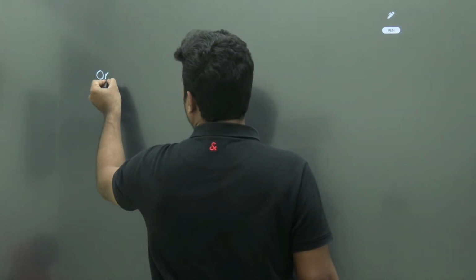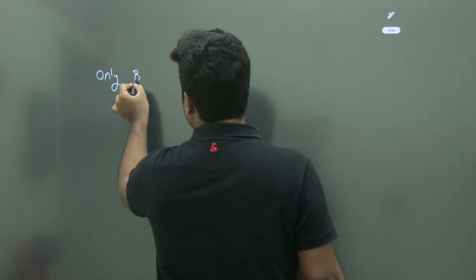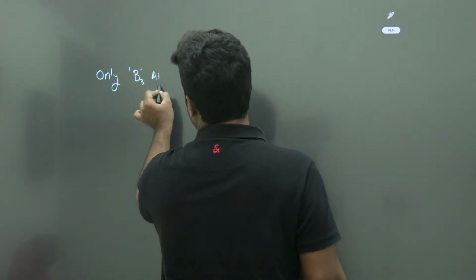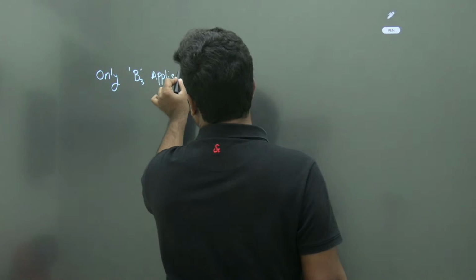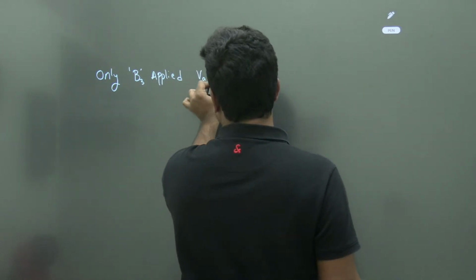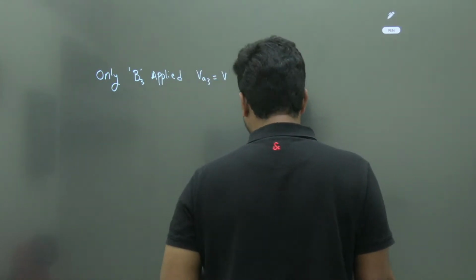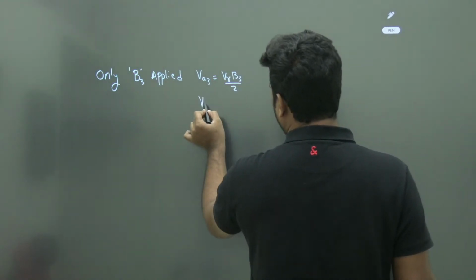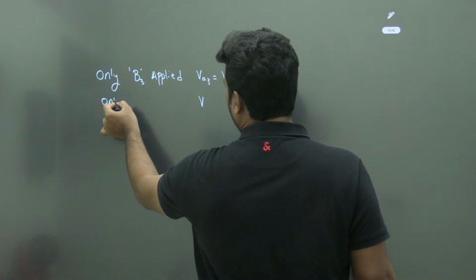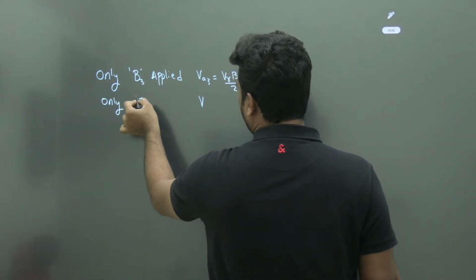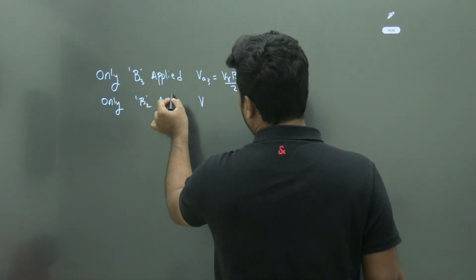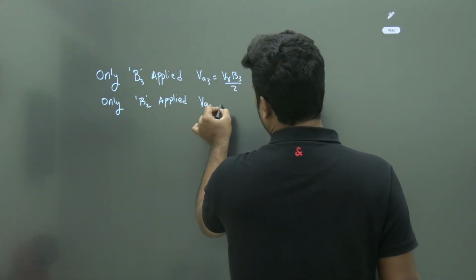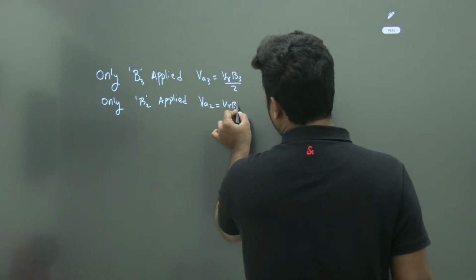If only V3 is applied, VA3 equals VR into B3 by 2. Similarly, we also find that if only B2 is applied, VA2 equals VR B2 by 4.